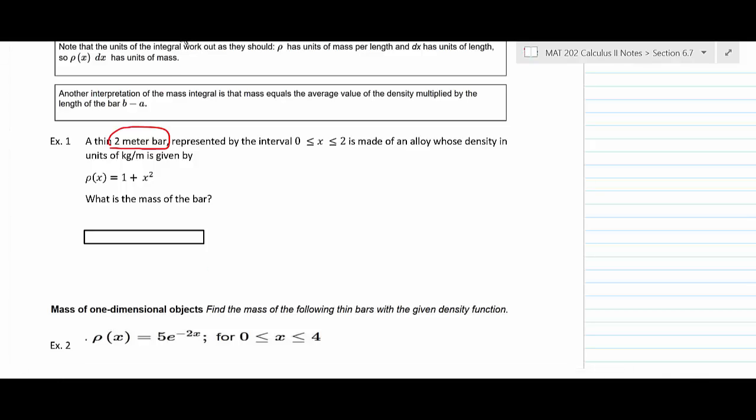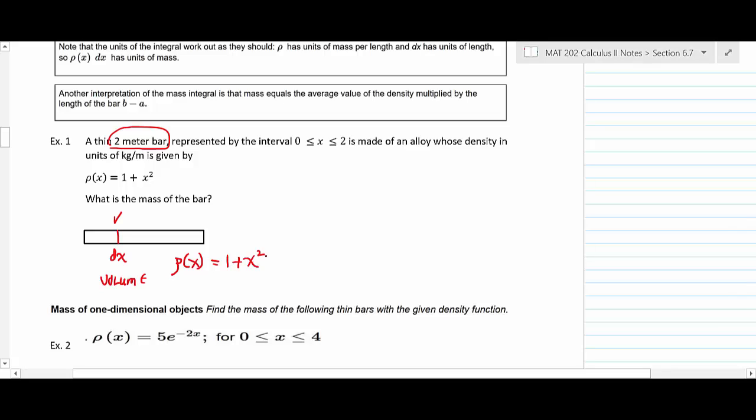So the idea is dx is just going to be like the volume. Now see, this is a three-dimensional thing here. So you're looking at a bar that has 3 dimensions to it. So that's your dx. And this time rho, the density, is given as a function.